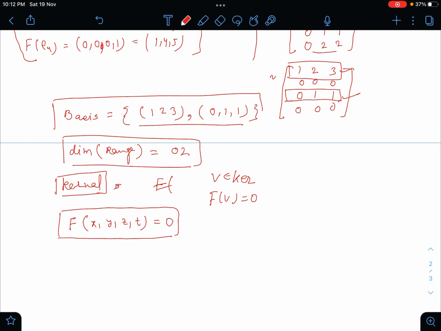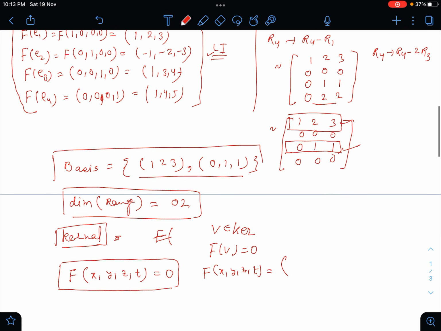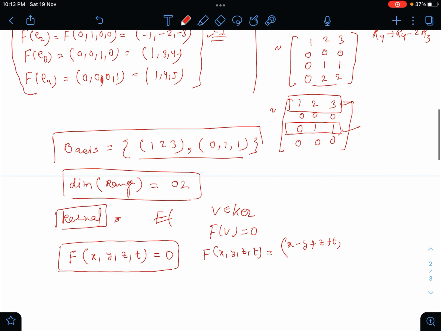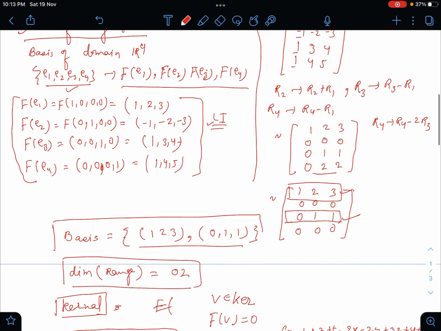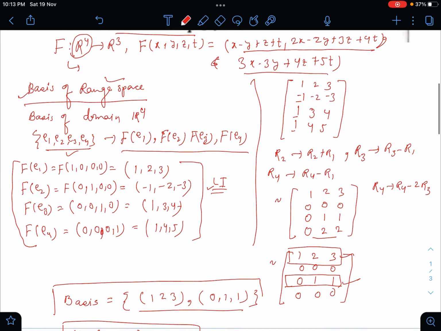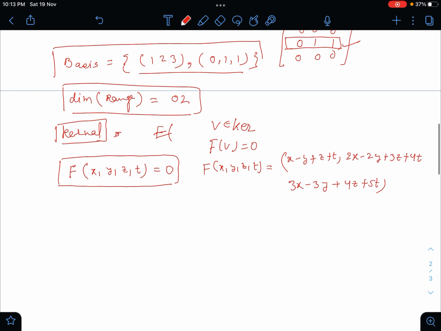So what is the given function? f of (x, y, z, t) is equal to (x − y + z + t, 2x − 2y + 3z + 4t, 3x − 3y + 4z + 5t). So we need to find the solution of this equation.